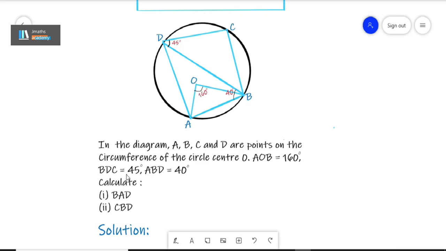Angle BDC is equal to 45 degrees. Angle ABD is equal to 40 degrees. We are asked to calculate angle BAD and angle CBD.